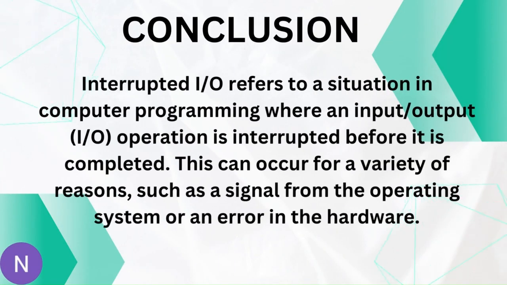Interrupted input-output refers to a situation in computer programming where an input-output operation is interrupted before it is completed. This can occur for a variety of reasons, such as a signal from the operating system or an error in the hardware.